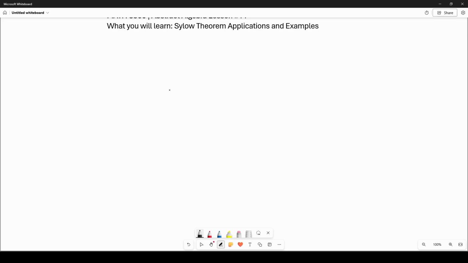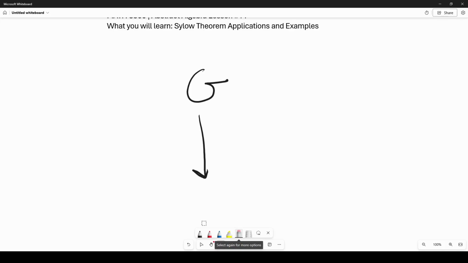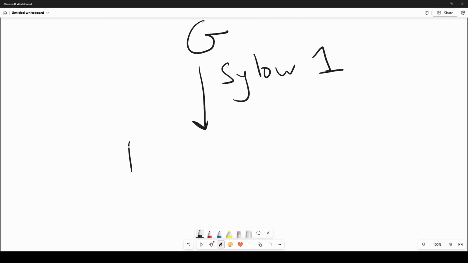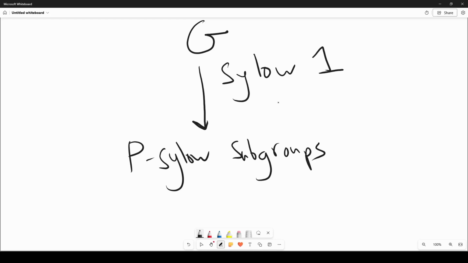The Sylow theorems told us to start with a general group G, and Sylow 1 let us take a general group G and find the existence of P Sylow subgroups. This is what Sylow 1 did.